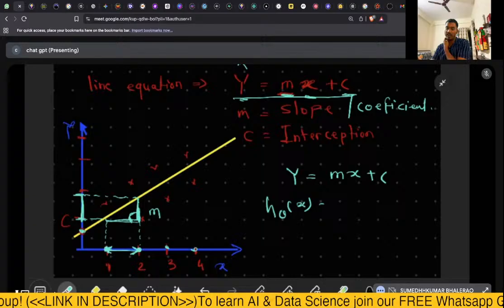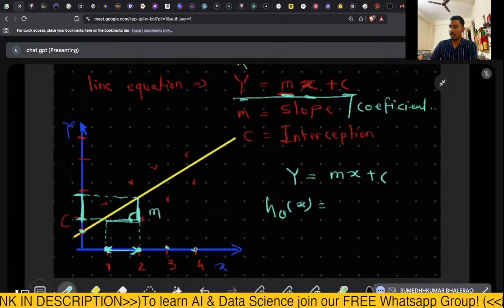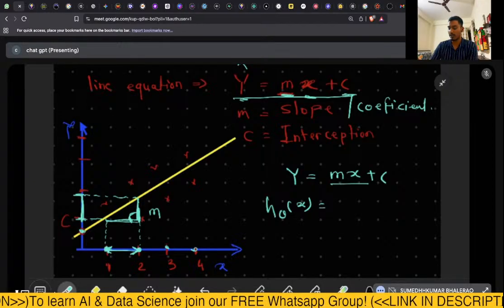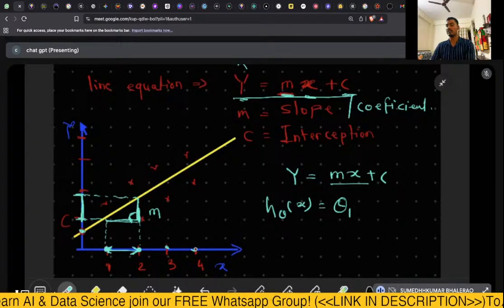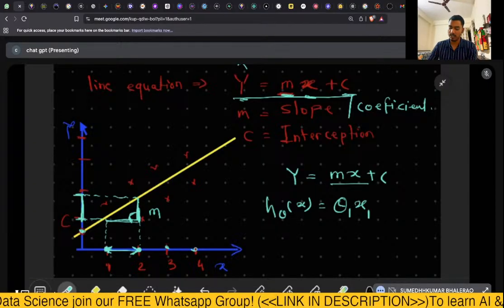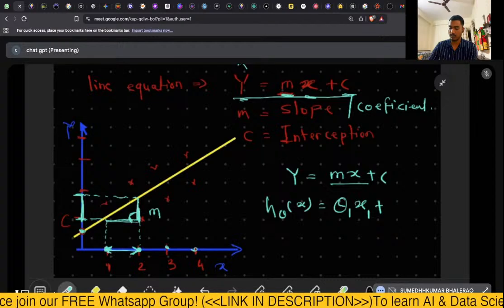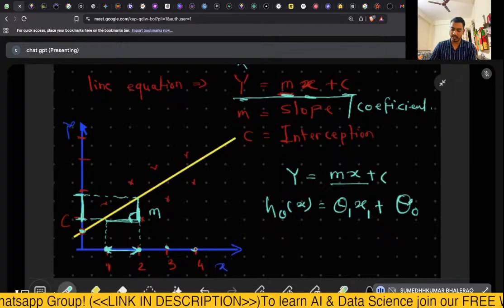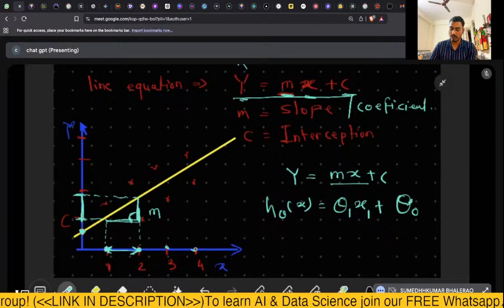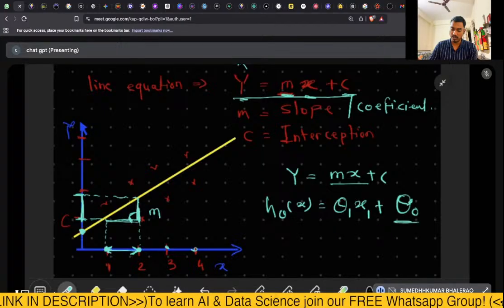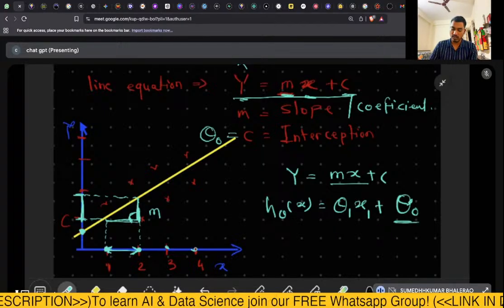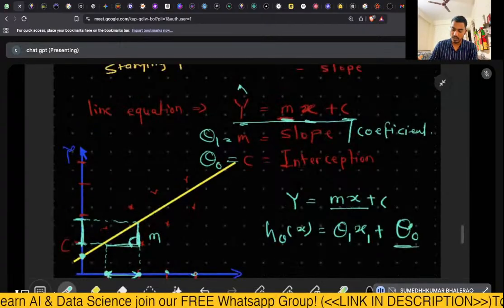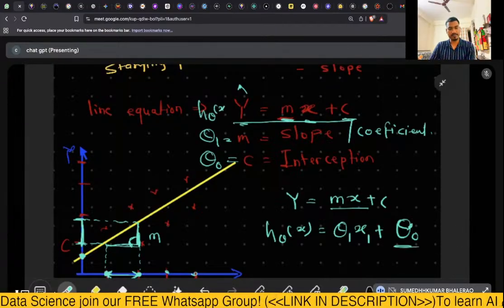For mx and c, they write theta 1 x1 plus theta 0. This theta 0 is my interception, and theta 1 is my slope. Here h theta of x is my y. It is exactly the same.